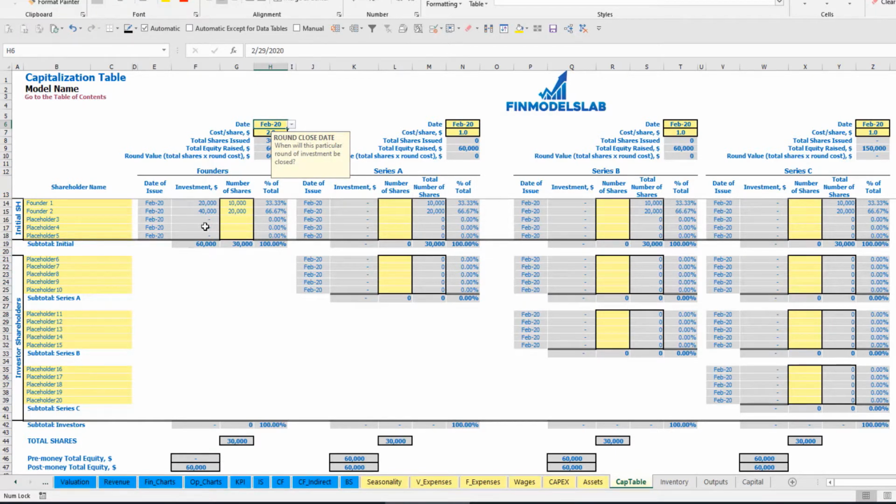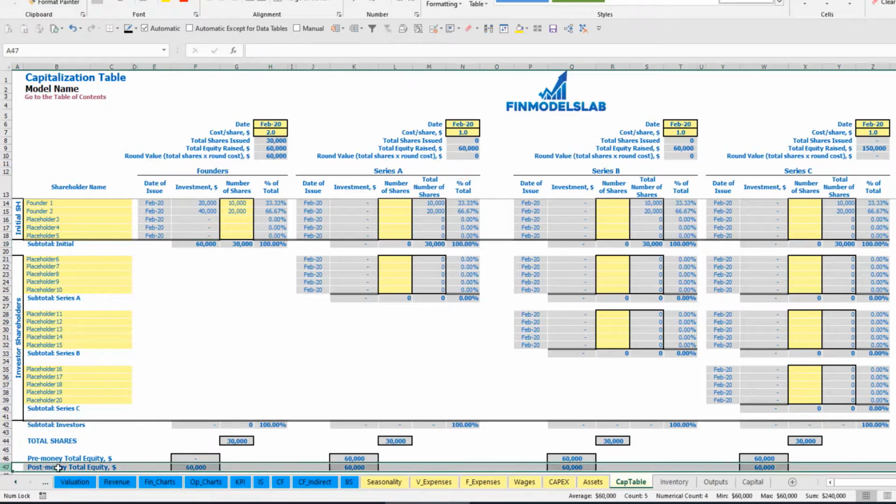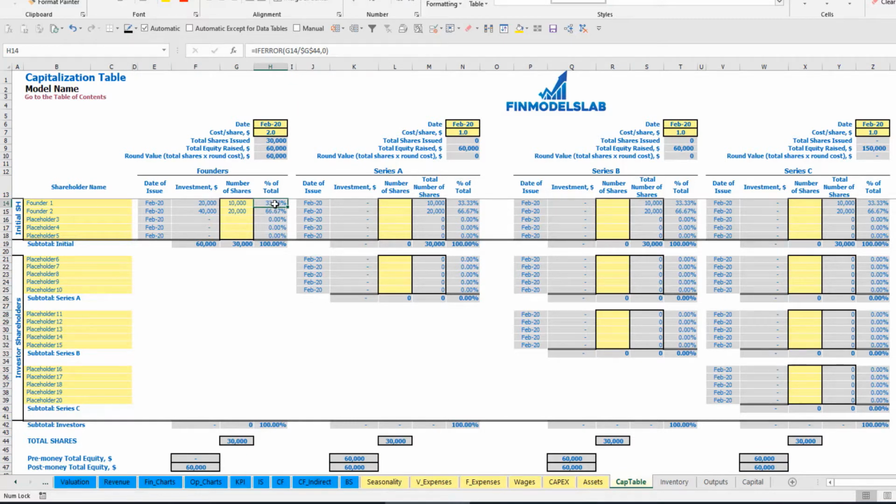This means that the investment for founder 1 is $20,000, and for founder 2 is $40,000. In total they invest $60,000, which you may see here. The dilution is 33 to 67% of shares.